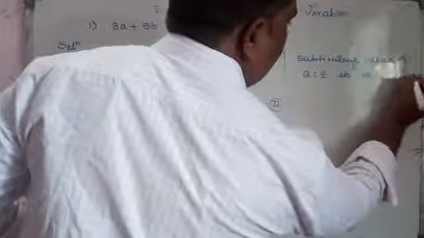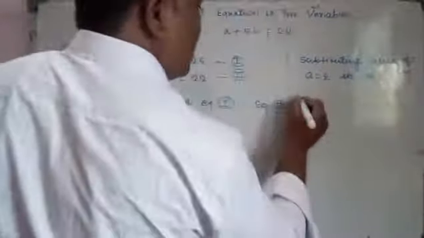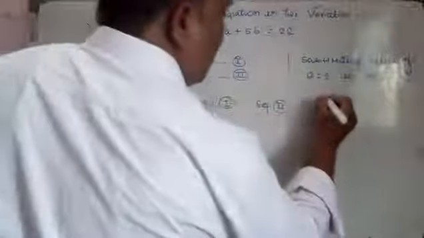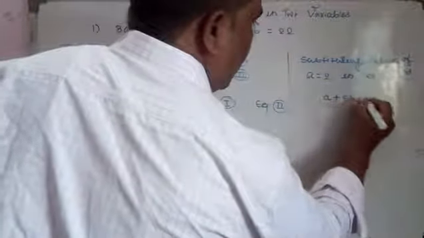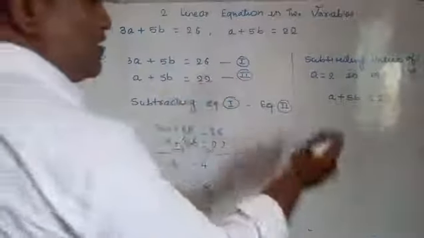The second equation is a plus 5b is equal to 22.